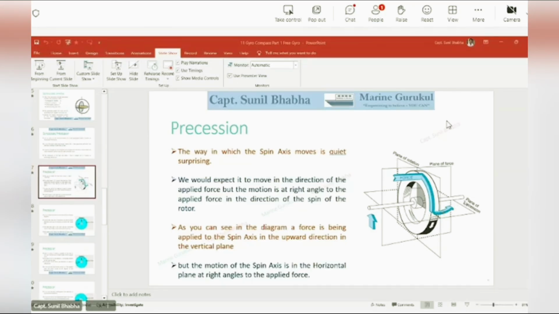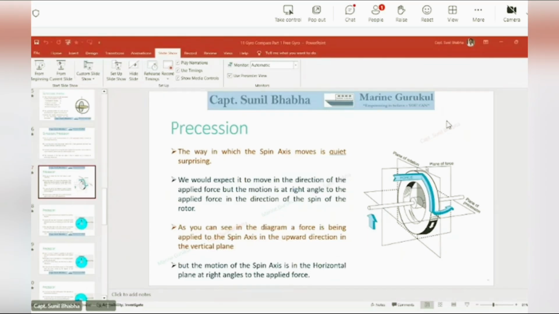Or you can say it is pushing the right side end of the spin axis into the screen. Oh, okay, sir. The direction in which you are moving the cursor, that end will move. Yes. When you are applying an upward force, that end will move in the direction in which you are moving the pointer.